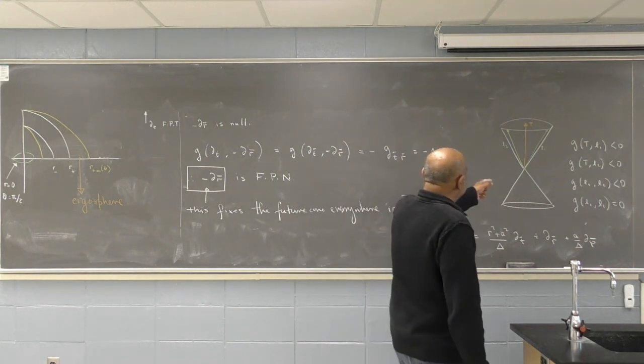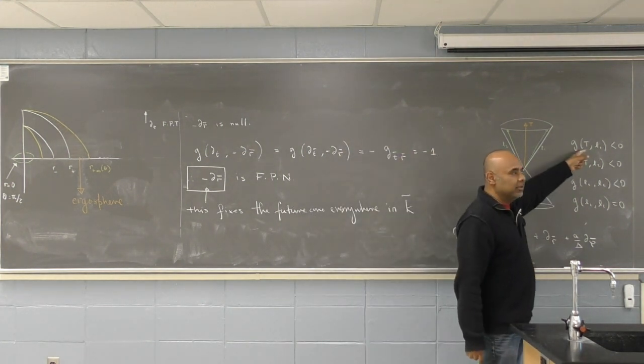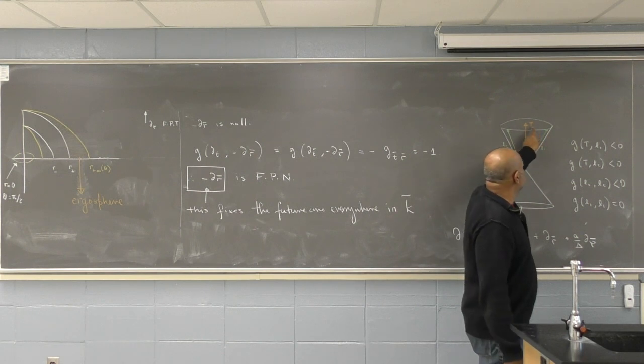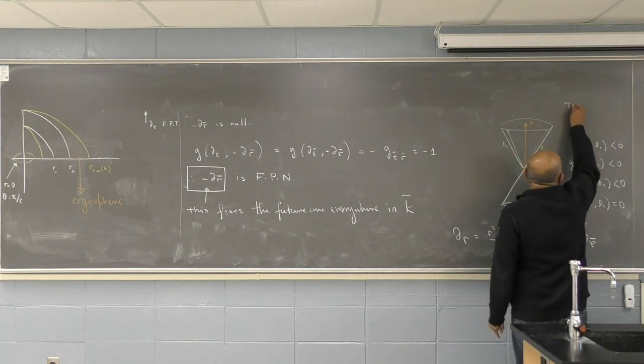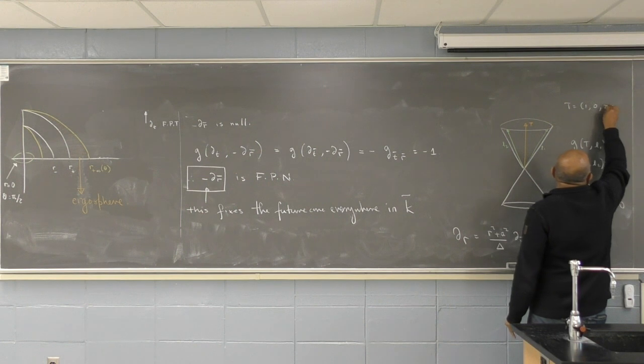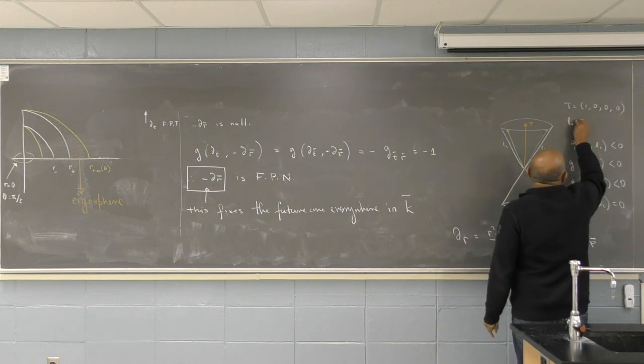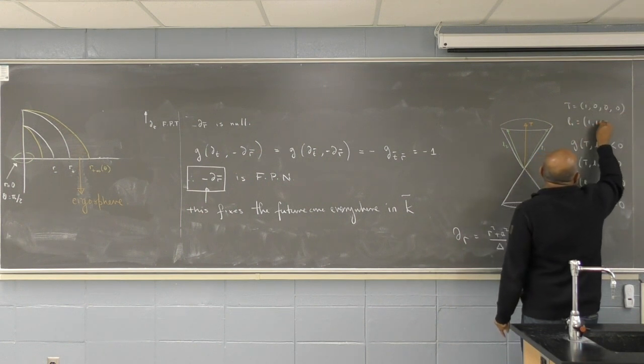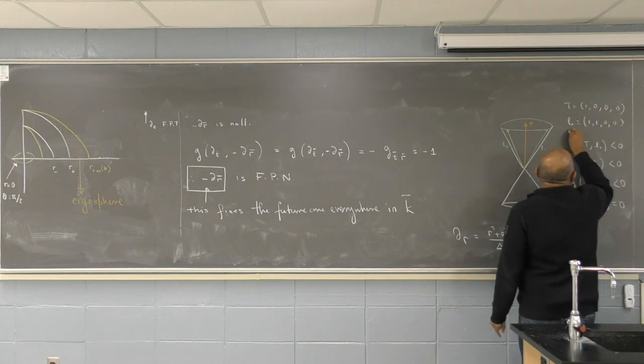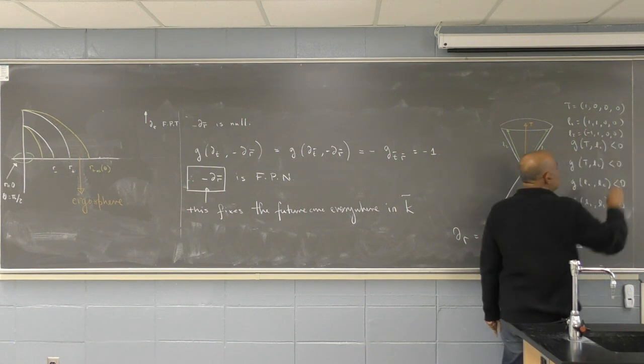Again, if this is confusing to you, you take simple examples. You can pick T to be 1, this is in Minkowski coordinates, and L to be -1.